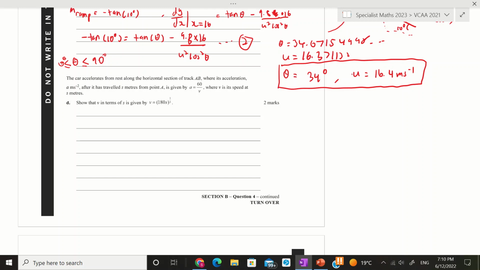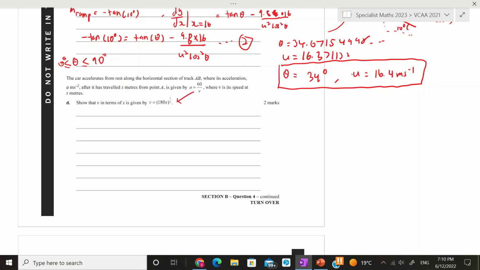Okay. So what are we told, right? We're told that our acceleration is equal to 60 on v, where v is speed and s is meters. And you want to show that v in terms of s is given by the equation up here, right? So you want to get from this bit here to that bit there.